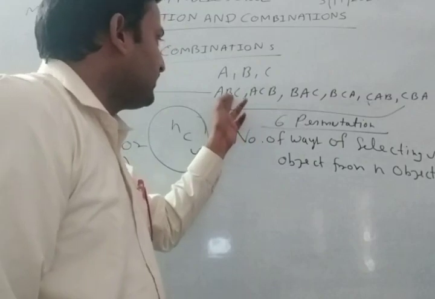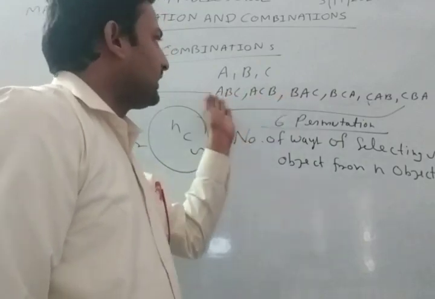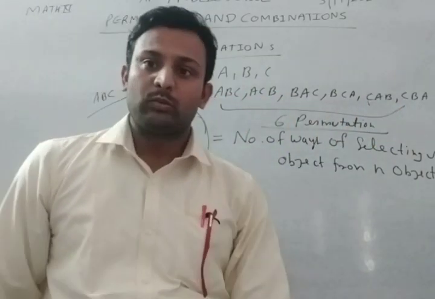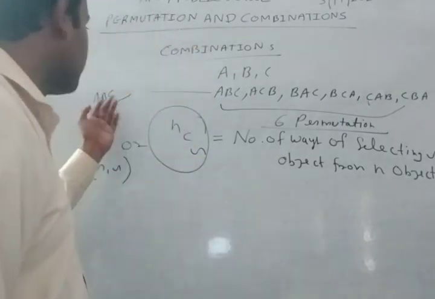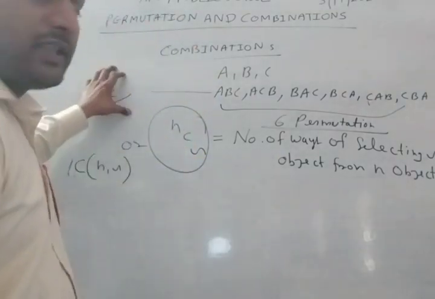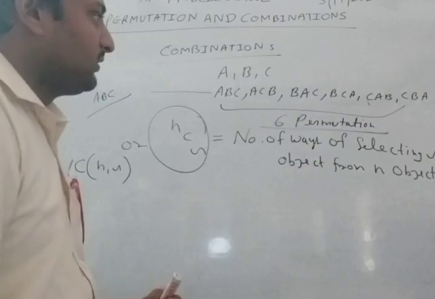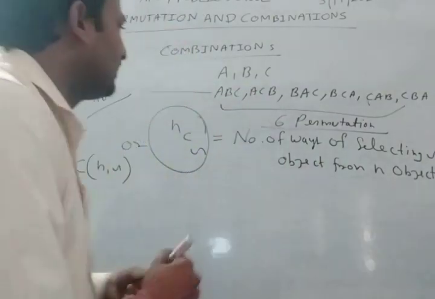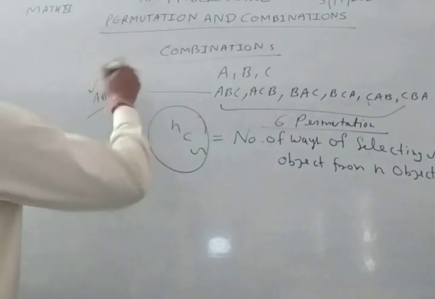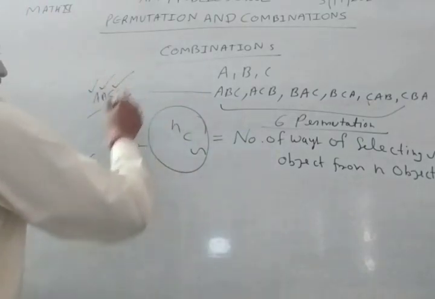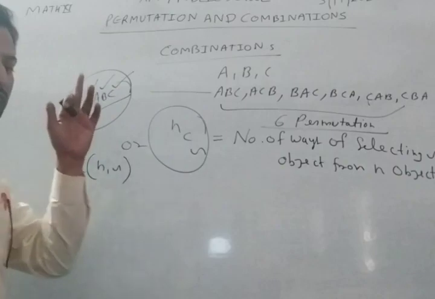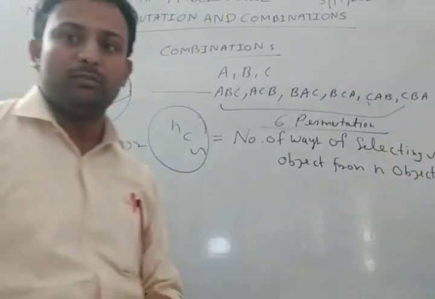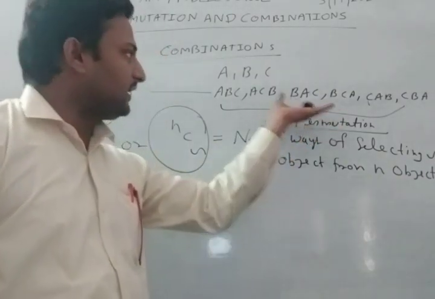Here we are changing the order, BC, AB, so we get different permutations, but in combination we just select the objects. So we select A, B, C, each one, and our combination is only one: ABC, because we are only selecting.